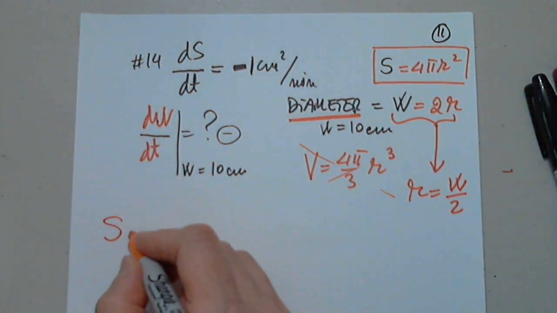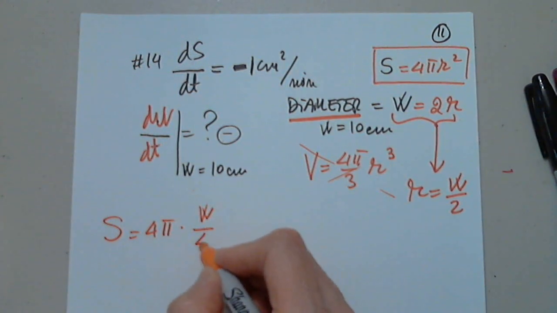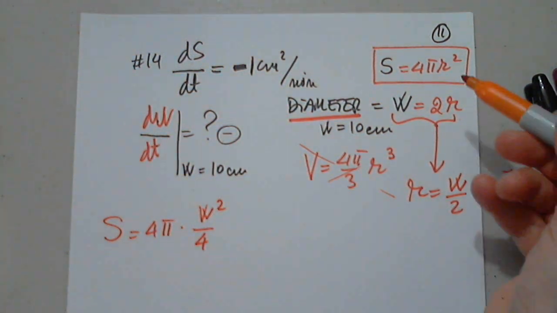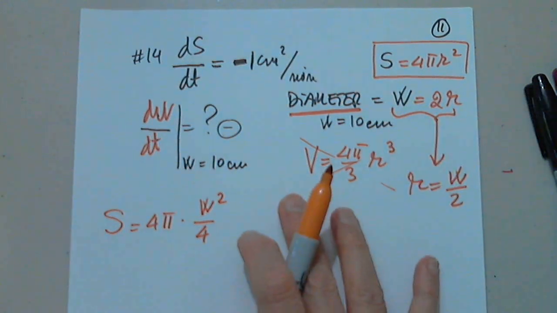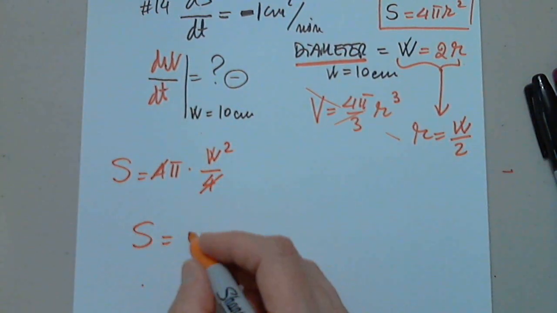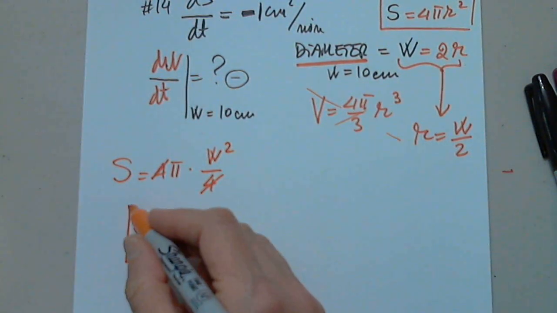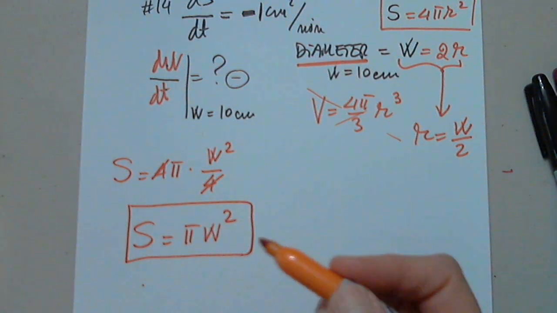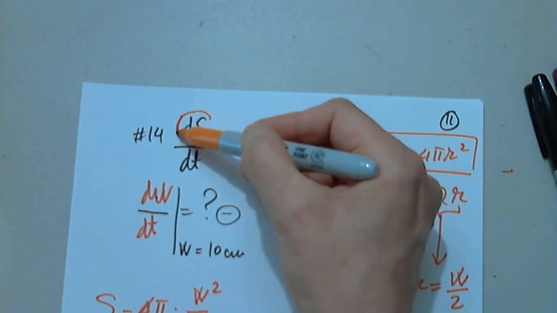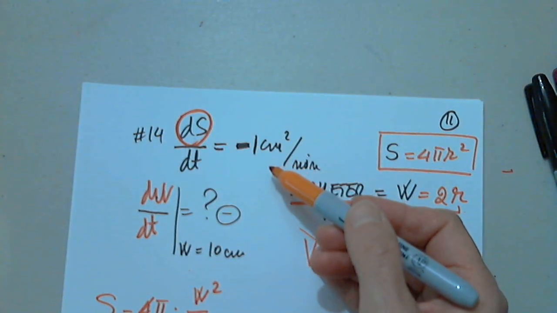So S equals 4 pi times w squared over 4, because I have to square. I will simplify. So I get that S, the surface area, is pi w squared. That's all I needed. The simplest possible form. Why am I starting with this? Because that's the information I'm given.